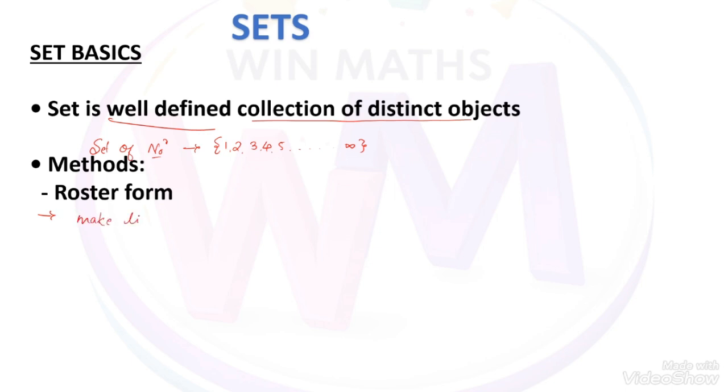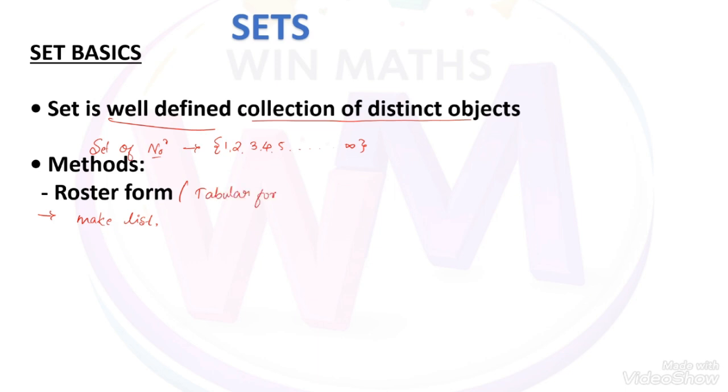Roster form means we have to make a list of objects. The elements are separated by commas and are enclosed within braces. We can call it roster form, or another name is tabular form.